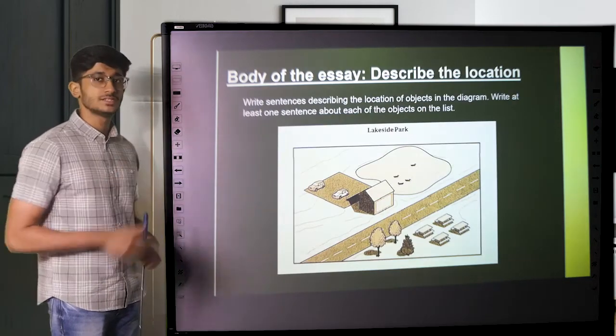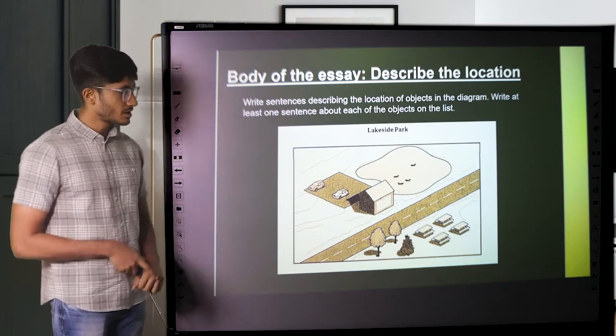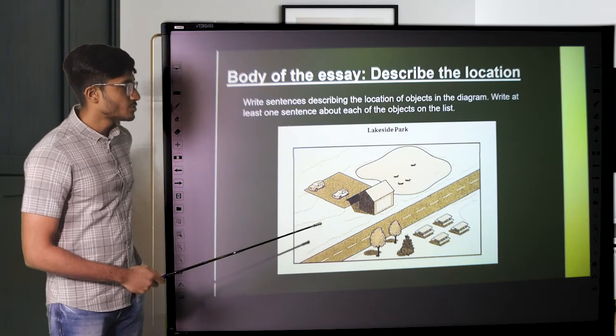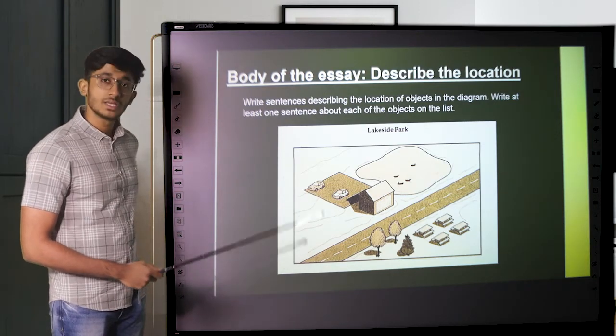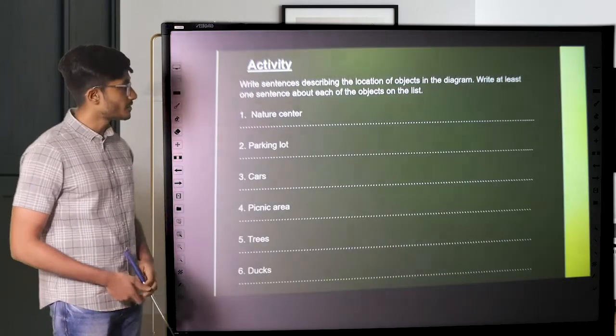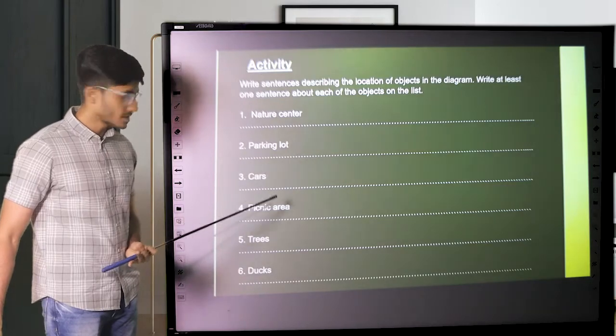So here is another activity for you guys to do. Just like the previous one that I have done, you take a look at the diagram, you understand the diagram, and then you write sentences describing the location of particular objects. Here are a couple of objects in the diagram, such as nature center, parking lot, cars.